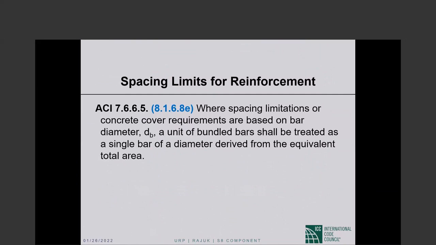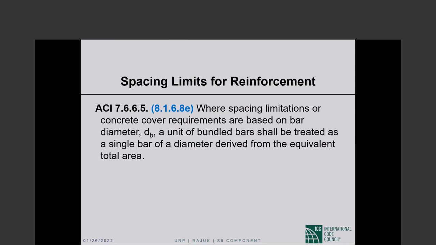Spacing limits for reinforcement. Where spacing limitations or concrete cover requirements are based on bar diameter, a unit of bundle bars shall be treated as a single bar of a diameter derived from the equivalent total area. So you will take the total area of the 3 bars in the bundle, and then you will come up with an equivalent diameter.